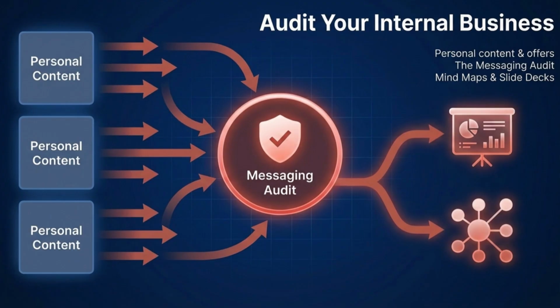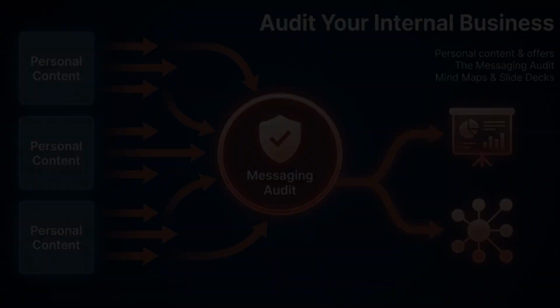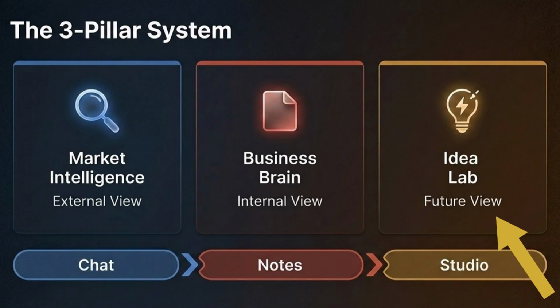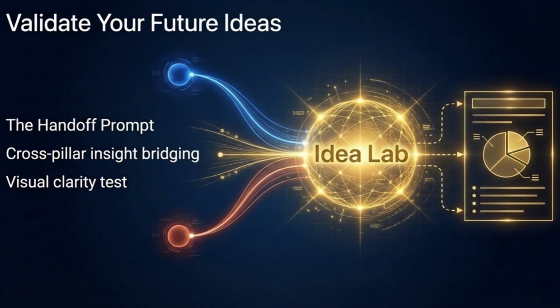Your own content, your offer, your messaging, and an honest audit of whether what you're putting out actually lands. Pillar 3. Idea lab or future view, where you validate ideas before spending time or money building them.